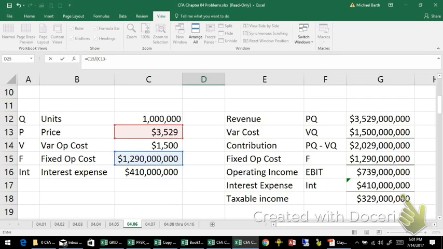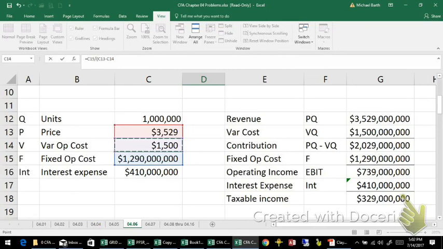Now the price minus the variable operating cost is the contribution. So every unit would contribute roughly $2,029 to the overall payment of fixed operating costs.